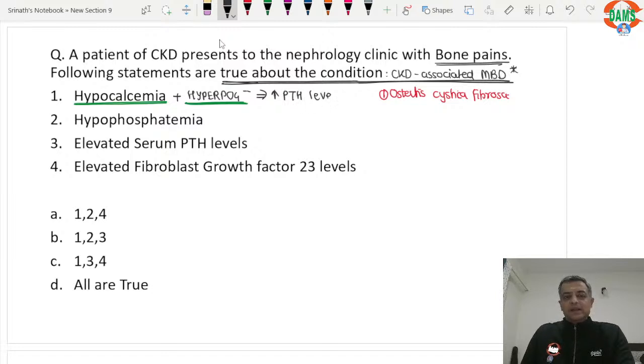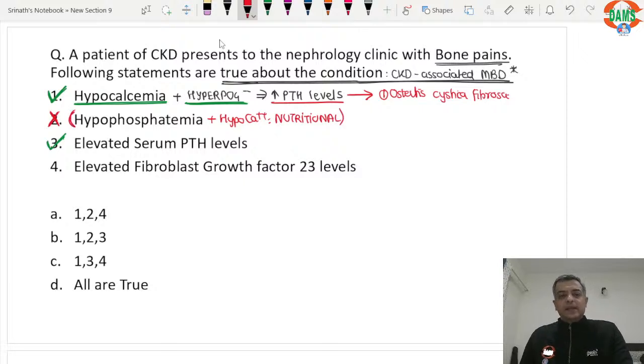Elevated PTH level leads to the defect, that is osteitis cystica fibrosa. So definitely the patient will have hypocalcemia and elevated PTH level, but there is no hypophosphatemia. Remember, when hypophosphatemia is associated with hypocalcemia, it always indicates a nutritional defect.